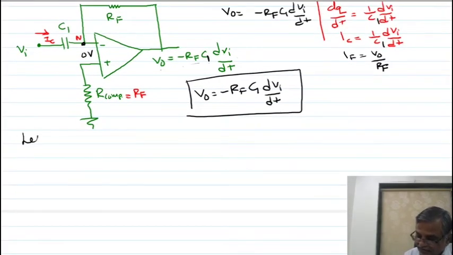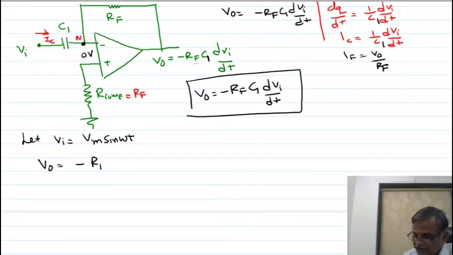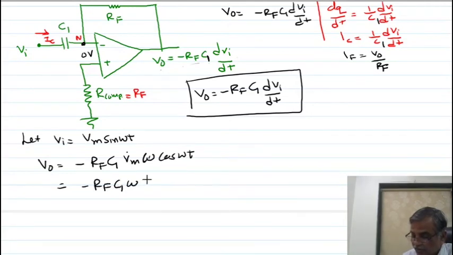Let Vi be Vm sin omega t. So my equation of the output voltage is minus Rf C1 times Vm omega cos omega t, or I can write minus Rf C1 omega Vm cos omega t.